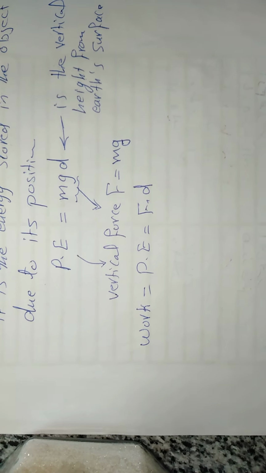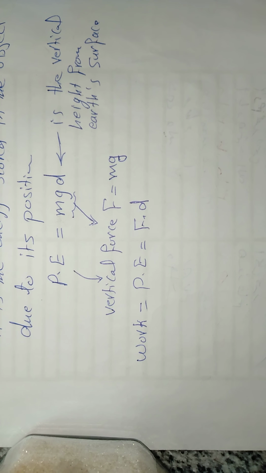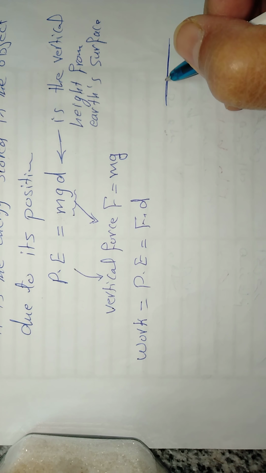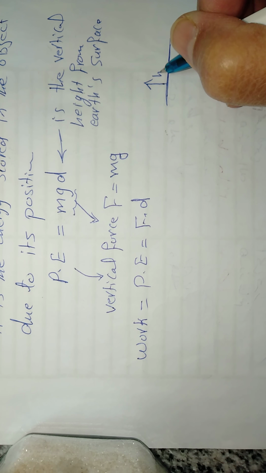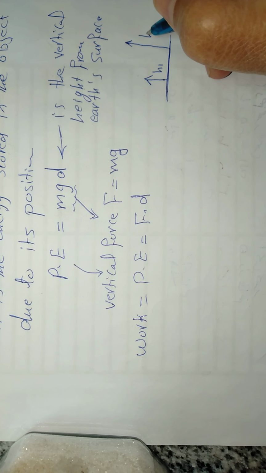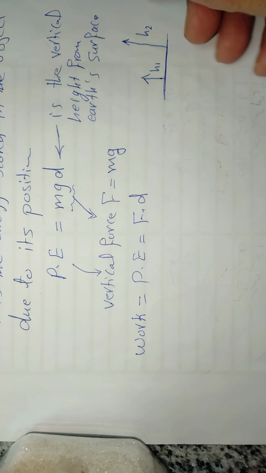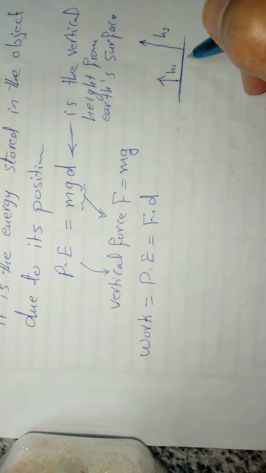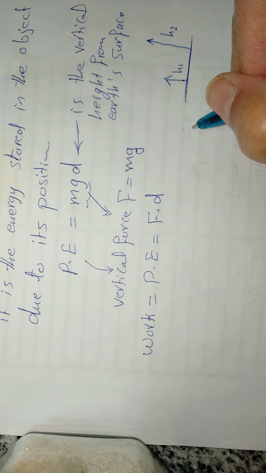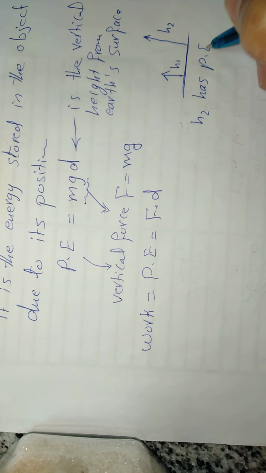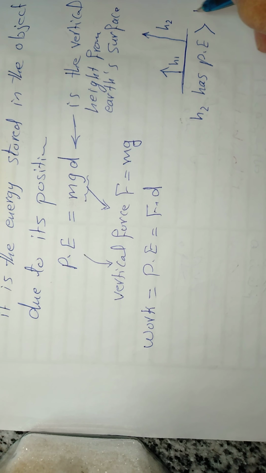As the height of the object increases, its potential energy will increase. If we have two bodies, the first has height h1 from Earth's surface and the second has height h2, and they have the same mass, which one has the greatest potential energy? h2 has potential energy greater than h1.